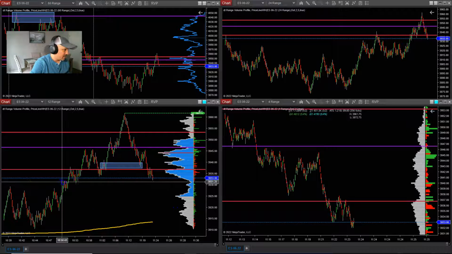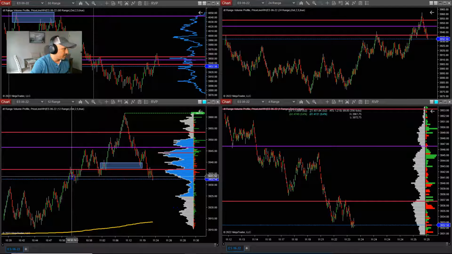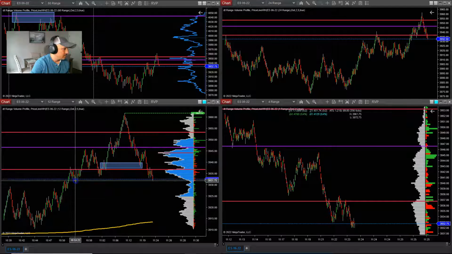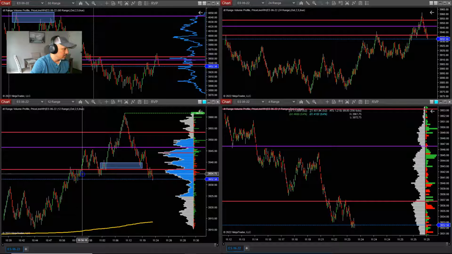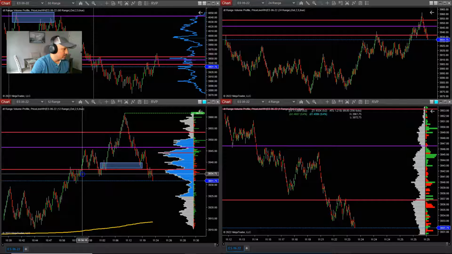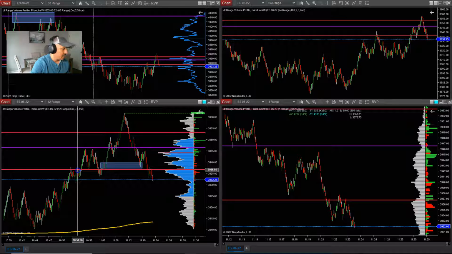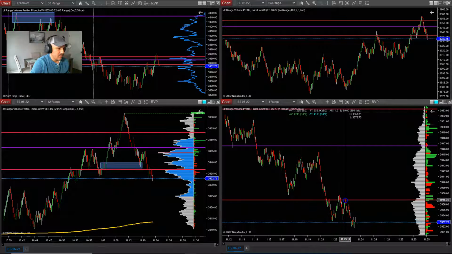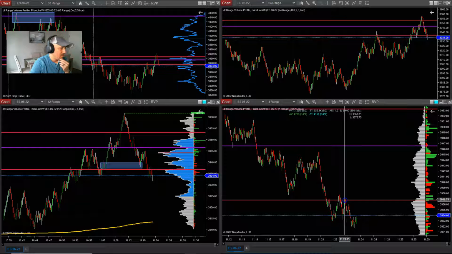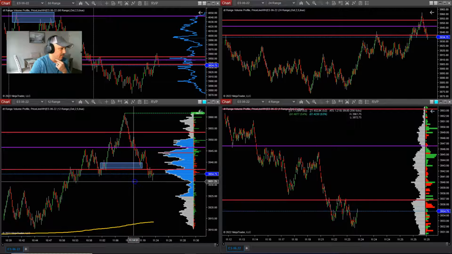Price is down in this area right here. I was really looking for it to close above this red line right here. All right, I'm going to use this as an example of what I was talking about, how to really avoid a losing trade once you're in the market.